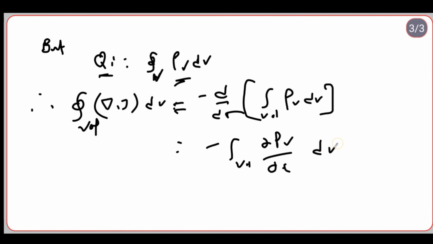For a constant surface, the derivative becomes the partial derivative.